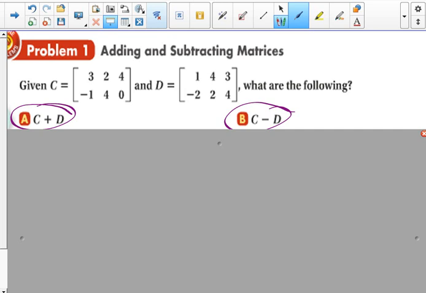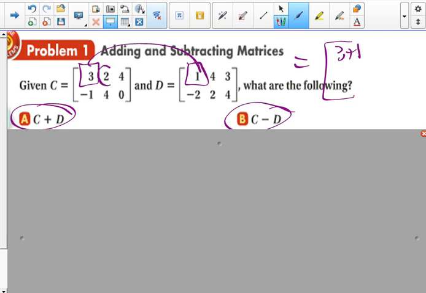When you have matrix C added to matrix D, you're going to add 3 plus 1. See, both of those are corresponding elements if they hold the same position in both matrices, okay? So it would yield this, 3 plus 1, which is going to be 4 in a minute.